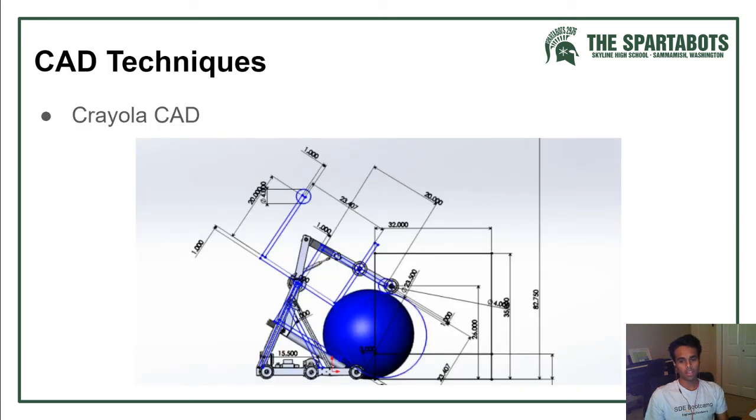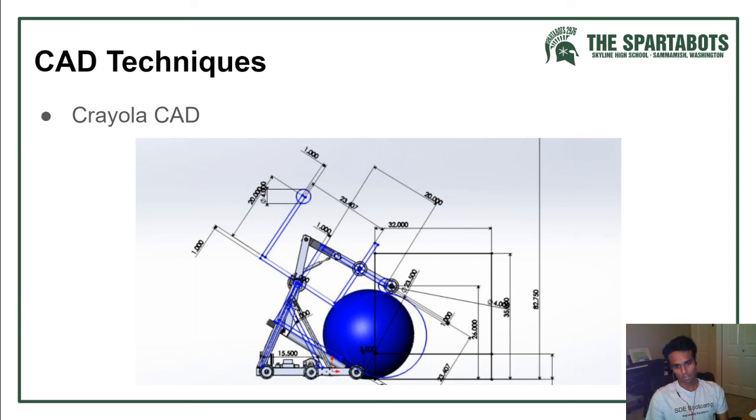Alright, so some CADing techniques for this are Crayola CADing. This is where you sketch either a top or a horizontal view of the specific geometry that you need. This can be really useful in prototyping because you can just test to see what geometries you need, and then create a rough prototype out of hand sawing wood and match drilling things together.